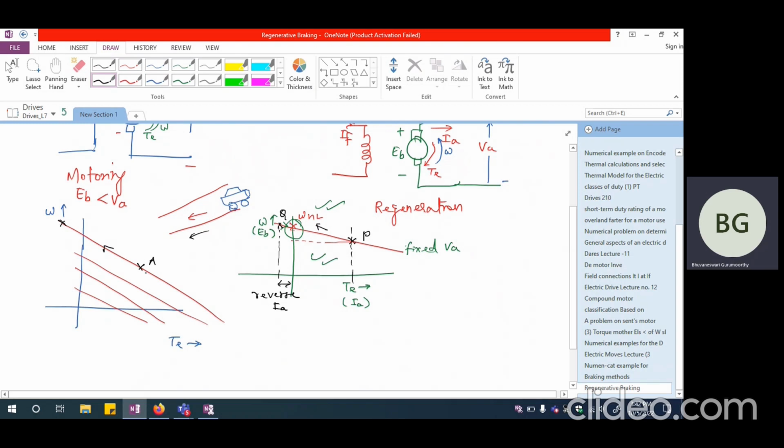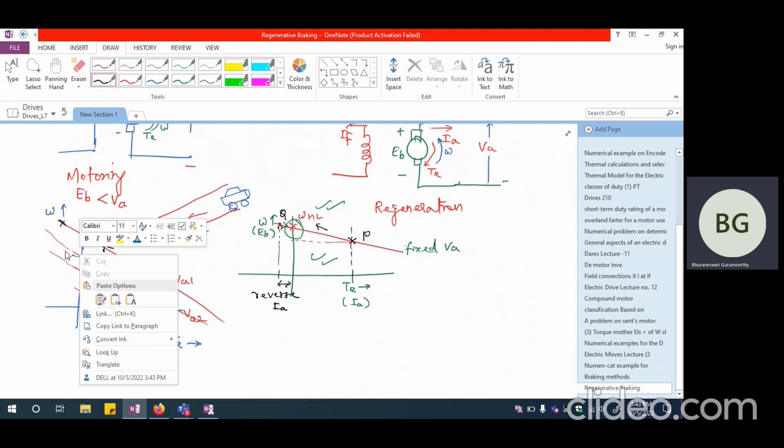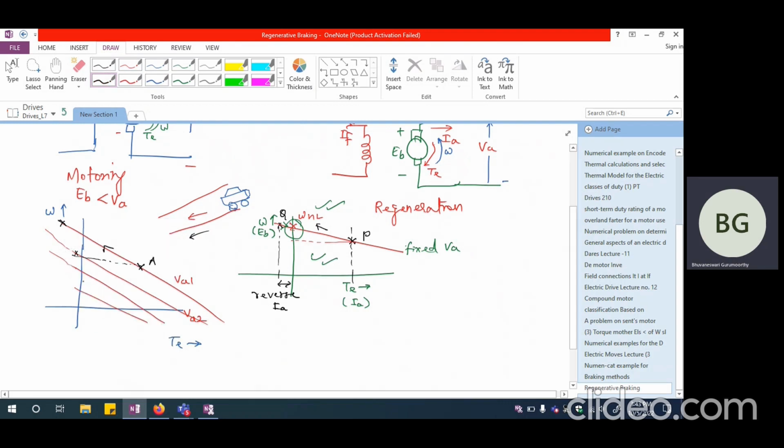But rather than that, if this is the operating point and this original voltage was VA1, if I suddenly come down to VA2, let me extend this characteristic to the other side. So if I try to look at where the corresponding operating point is, it has just reached the second quadrant.